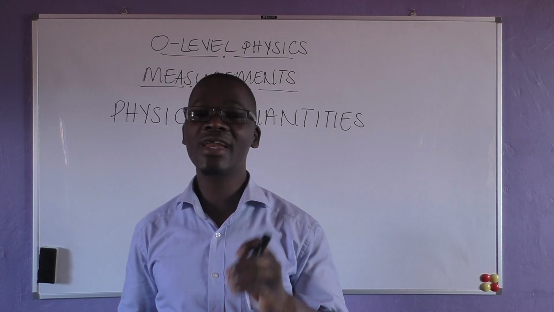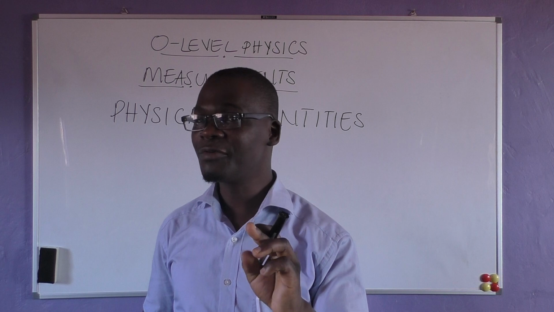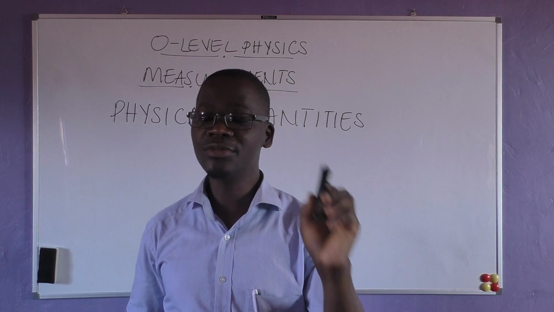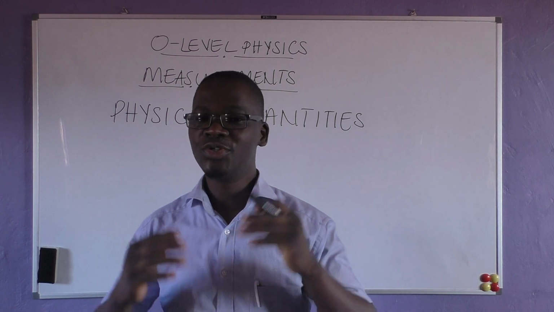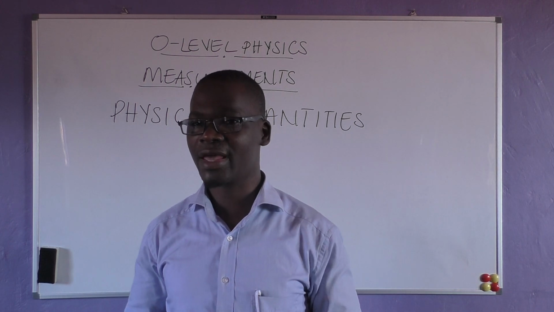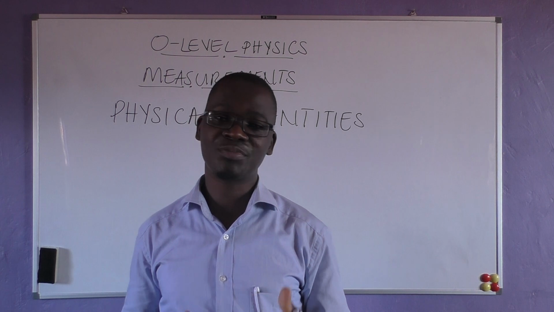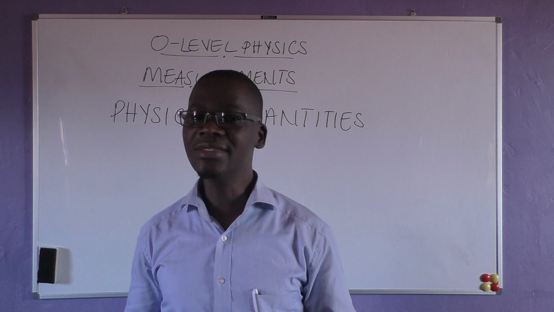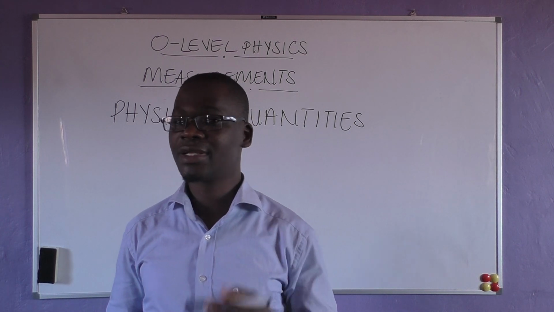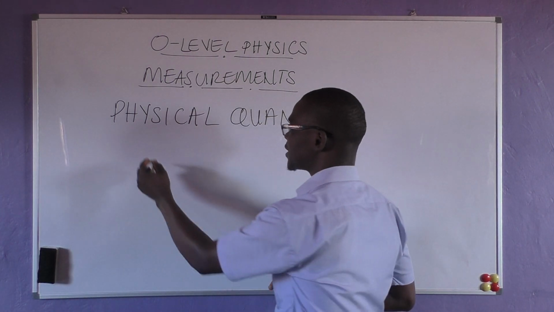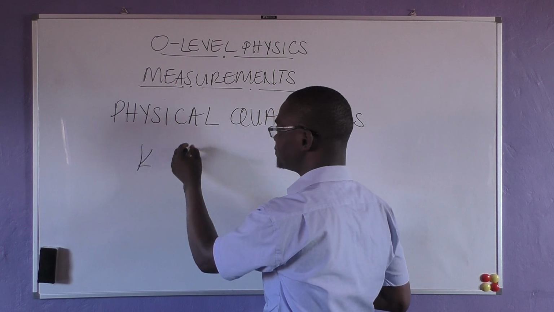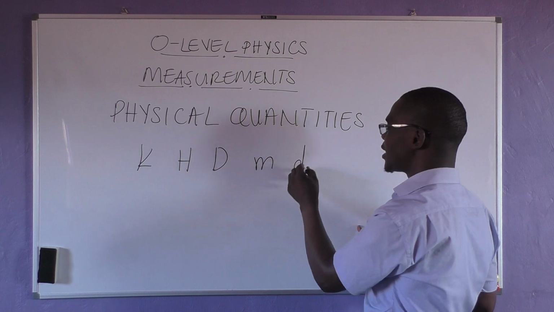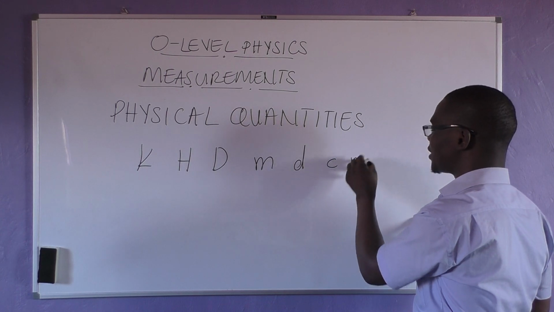Remember, we have various units of length, and therefore that means that we can convert from one unit to another. So during the conversion of length, we use a special phrase to help us memorize the conversion. That is, King Henry died Monday drinking chocolate milk.